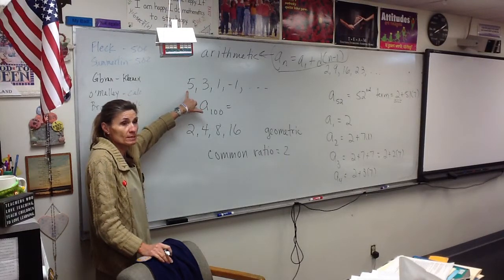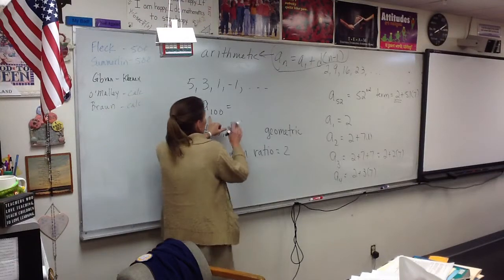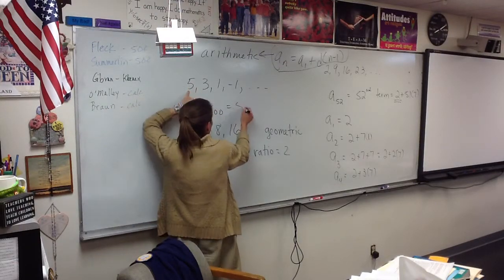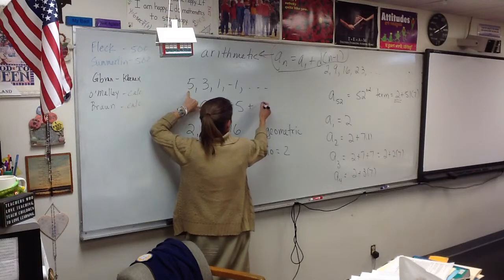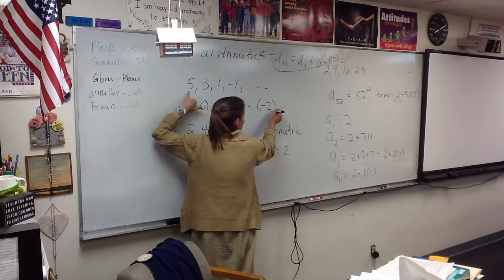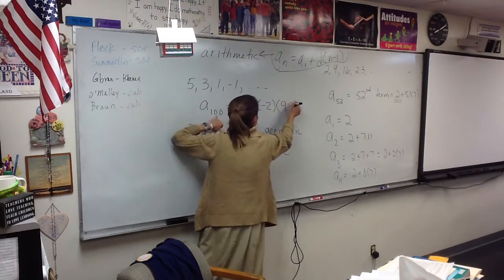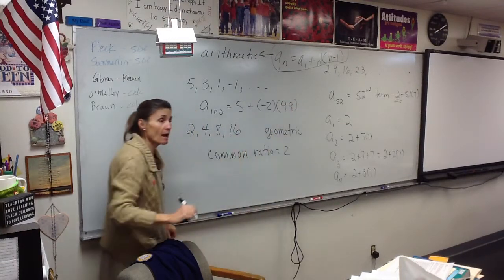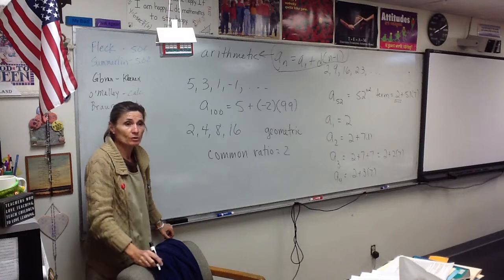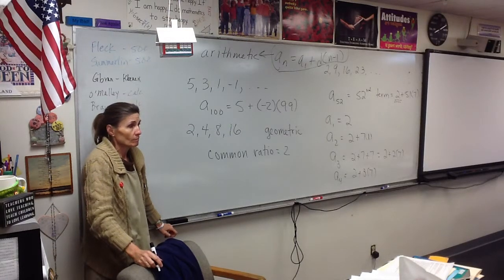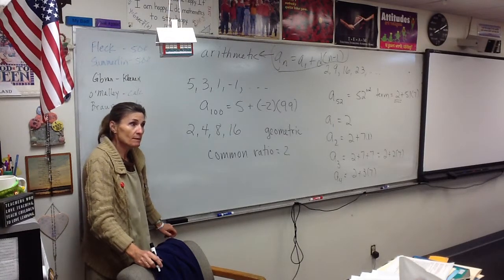What's your common difference? -2. So the formula says, okay, here we go, 5 plus -2 times 99. You'll work that out, and that will be your 100th term. Easy as can be, right?